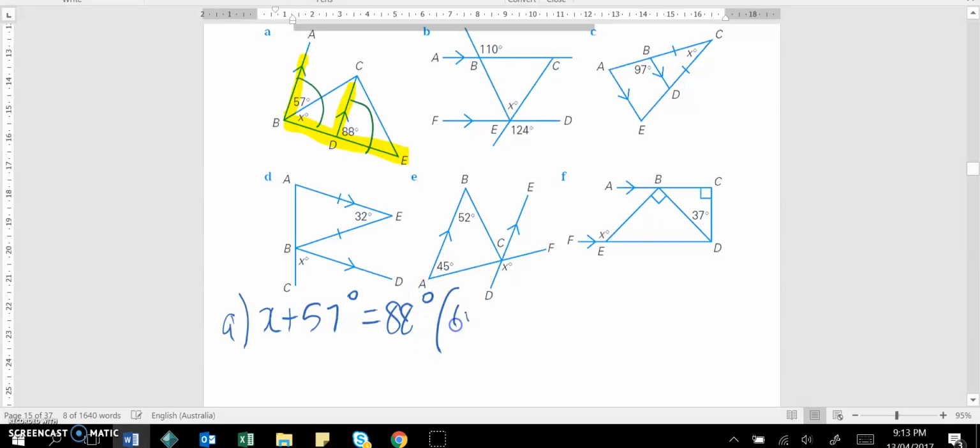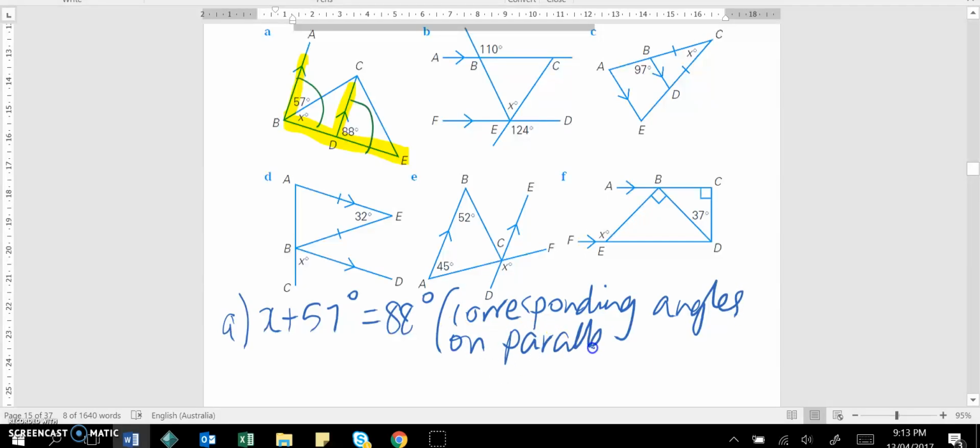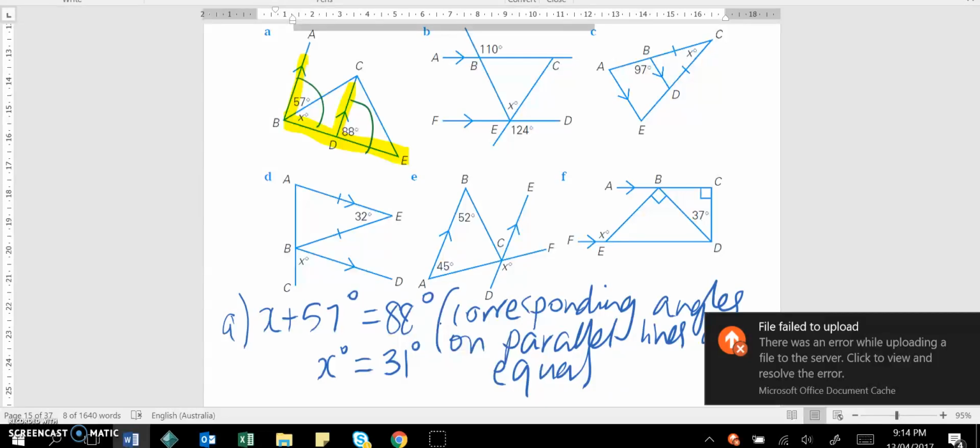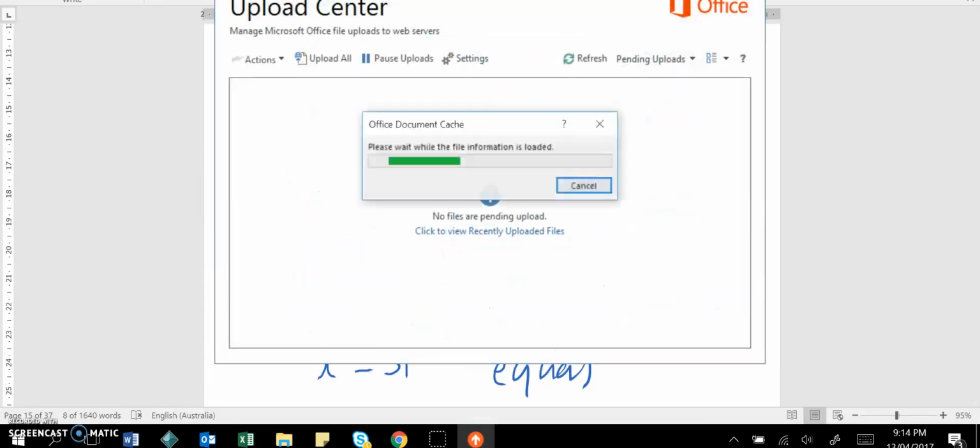And your reason is going to be corresponding angles on parallel lines are equal. And then you're going to subtract the 57 from both sides, and you're going to get 31 degrees. So that's part A. So in all of these, you have to look carefully. What parallel line theorems can I use? What can I be given to solve that?